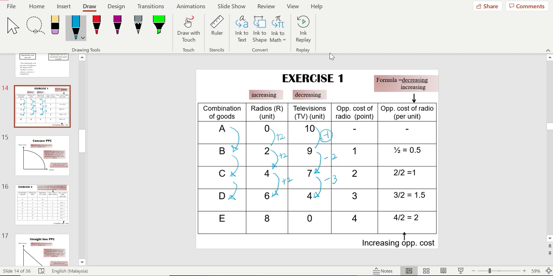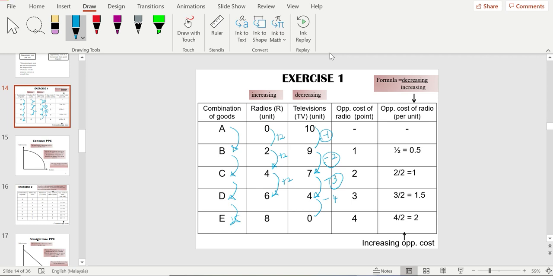Asalnya 1 je. Lepas tu jadi 2 pula. Lepas tu jadi 3 pula. When we move from D to E, dia akan jadi 4 pula. The number of TV to be forgone, if you want to add more radio, is increasing. Kita panggil ini meningkat. Makin lama makin meningkat. Increasing opportunity cost.